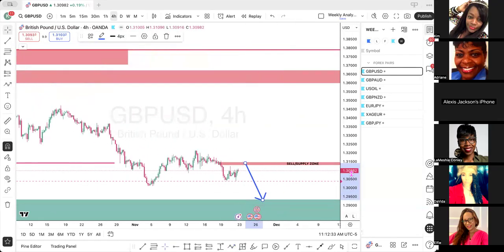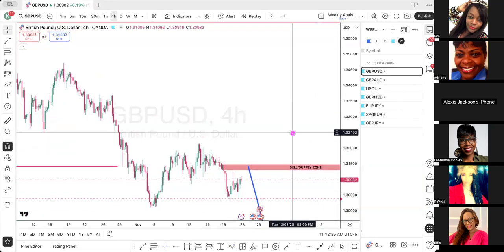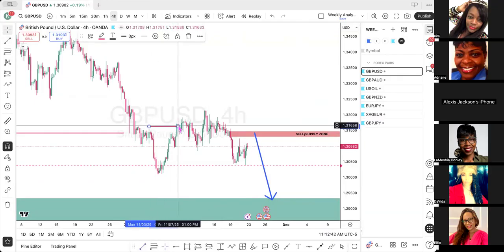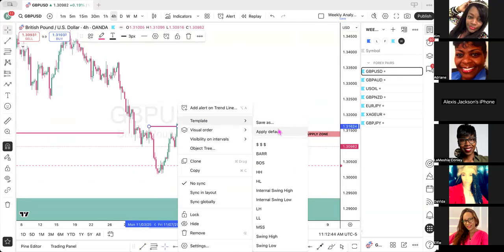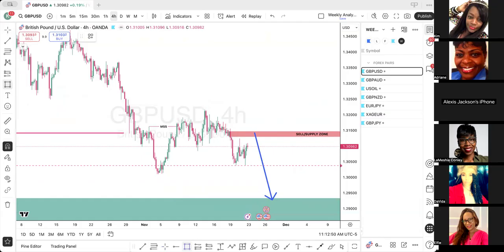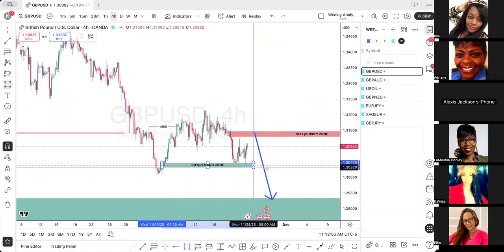Now, we did have a 4 hour shift in structure. We had a market structure shift here, and then price came back and bought from the demand zone.